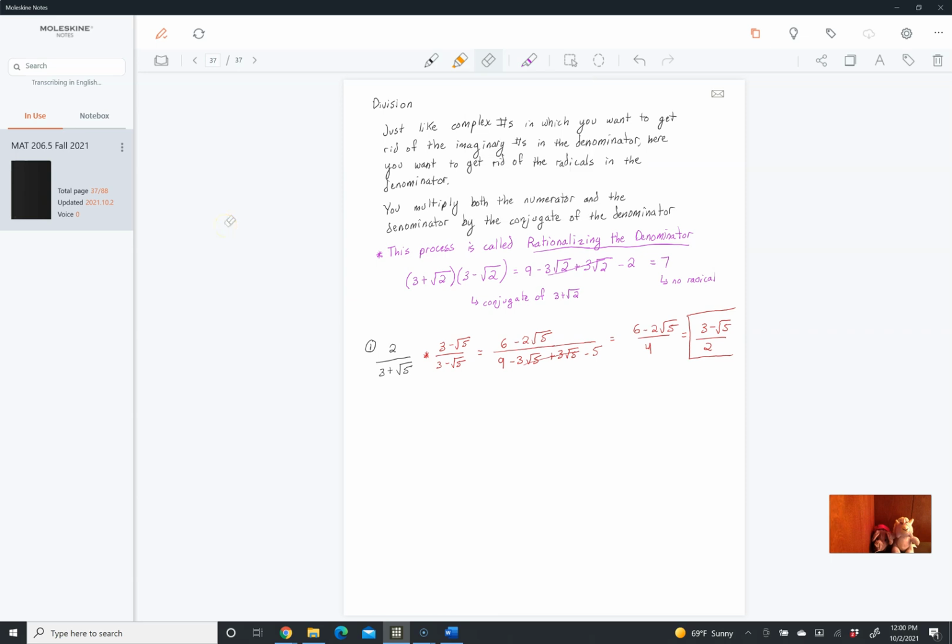You must reduce your fractions by checking to see if every term has a common factor.